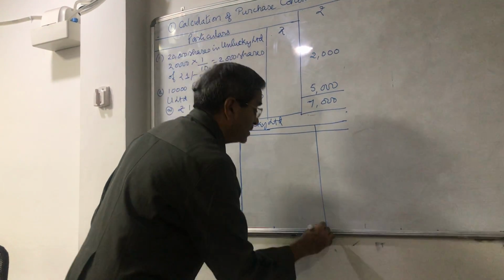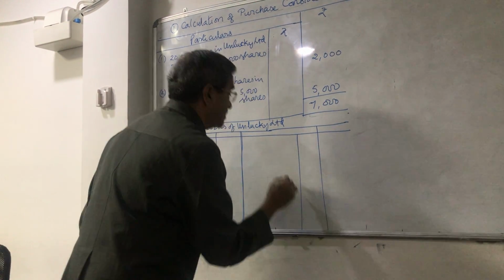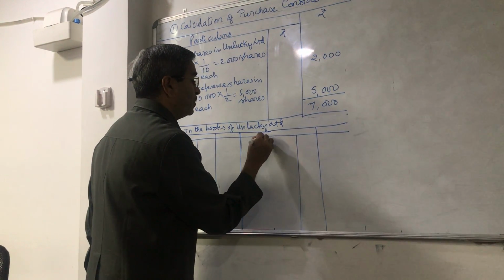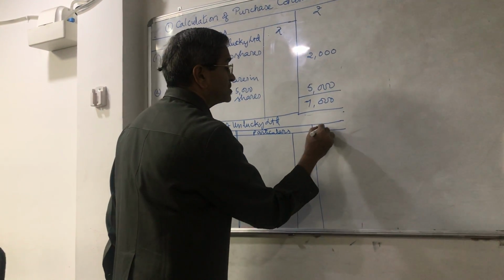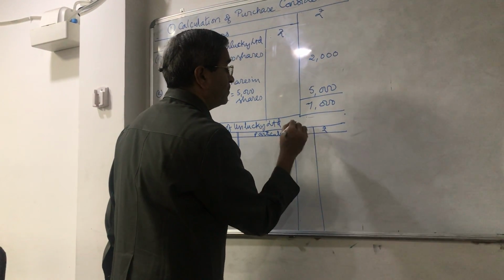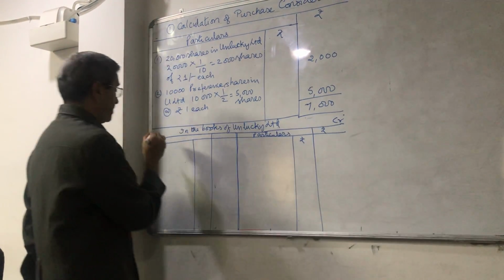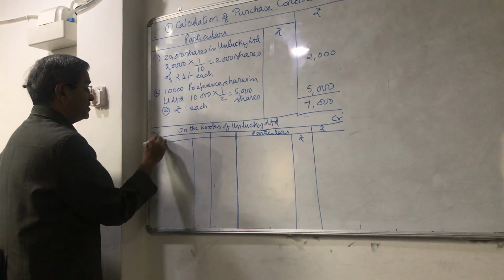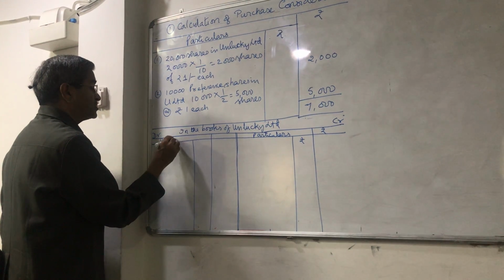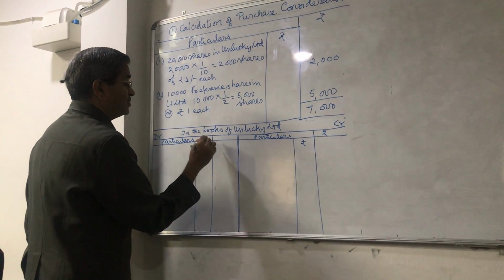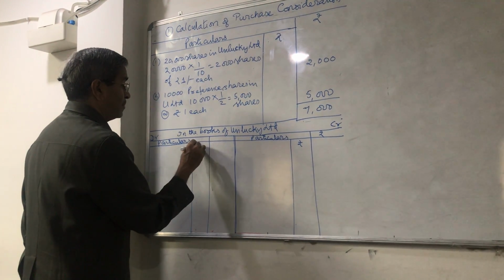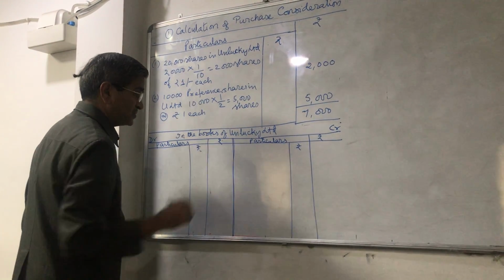We follow all the procedure that needs to be followed whenever you open the ledger accounts. You need to have particulars column, rupees column, debit, credit, everything should be shown. Normally students do not care to write these things, which will cost them more in terms of marks.